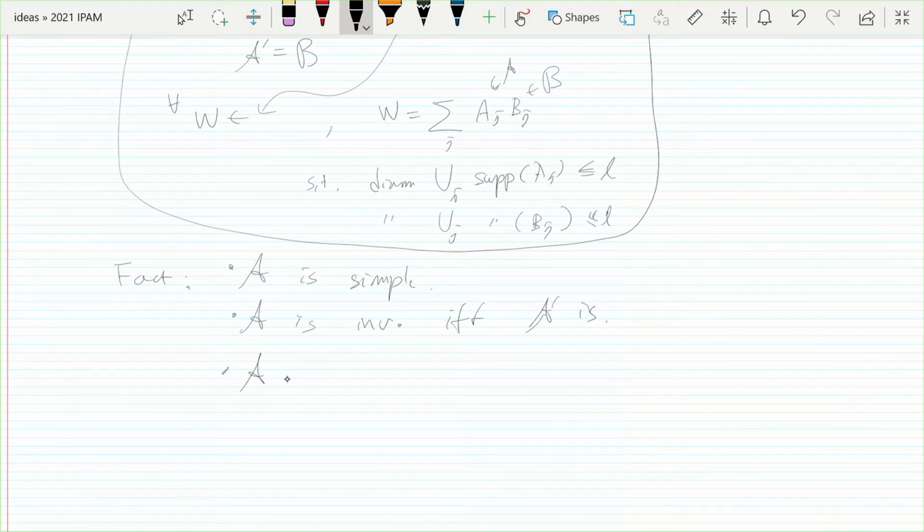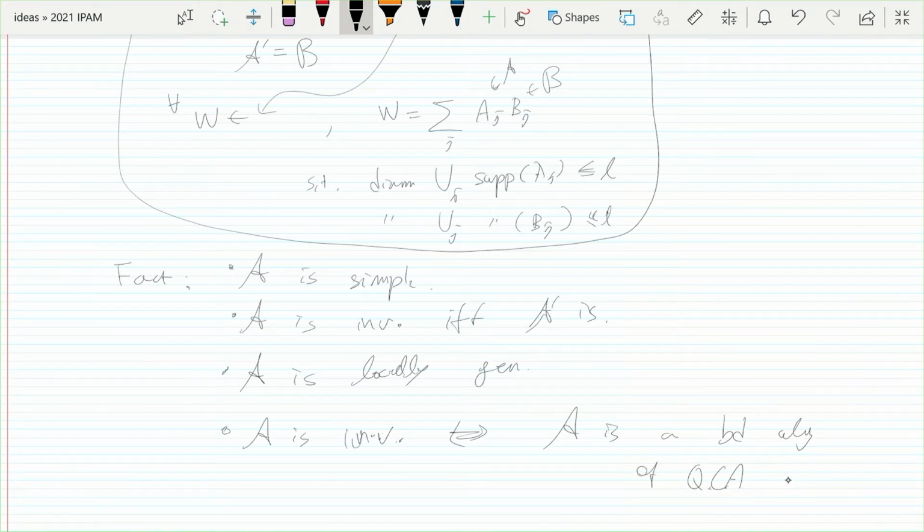There is a local generating set. And A is invertible if and only if A is the boundary algebra of some QCA in one higher dimension.